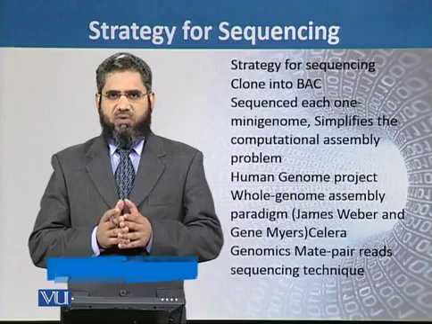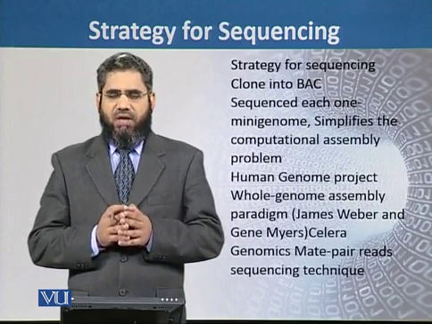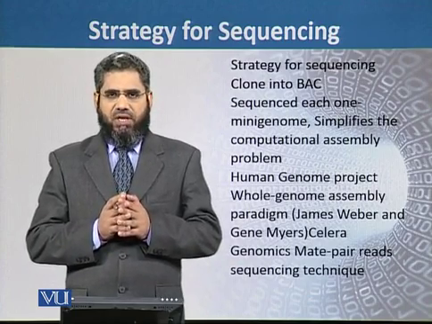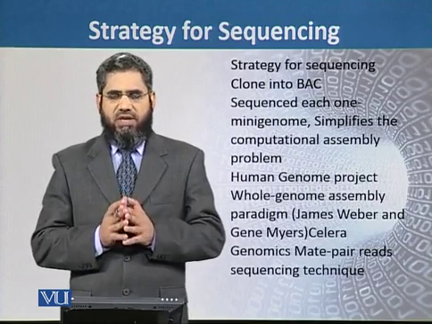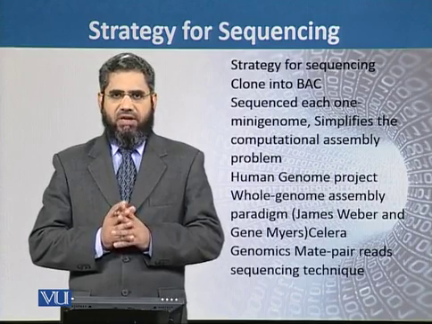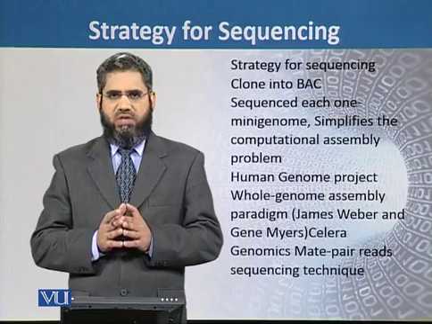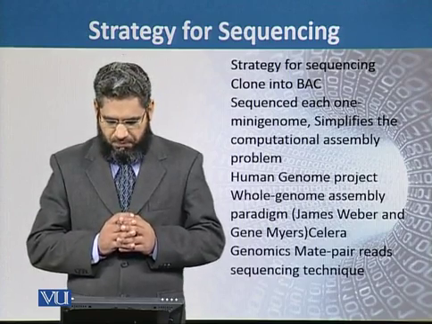And this BAC to BAC strategy is also helpful, and it simplifies the computational assembly problem in the way that the repeating fragments that are present in the human genome are reduced by 30,000 times, because we have used 30,000 BACs to sequence the human genome.